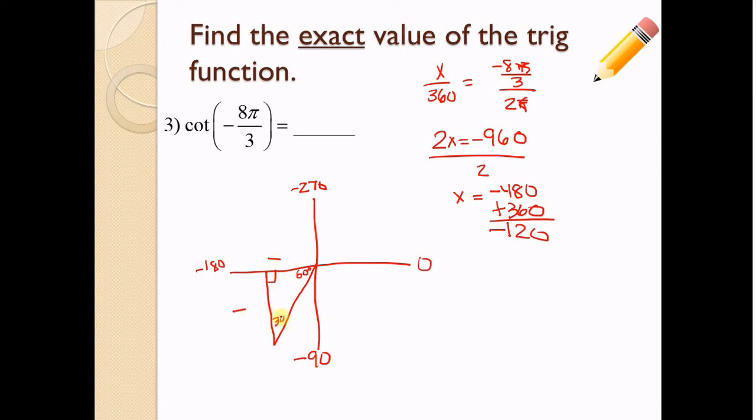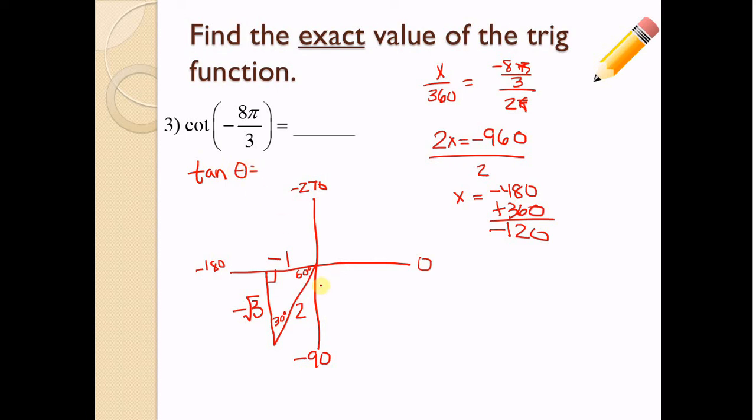So I know these both are going to be negative values. This is 30 degrees right here. So across the way is going to be a 1, because that's my short leg, remember? And then my long leg was the short leg times square root of 3. So that's going to be negative square root of 3. And then a 2 for my hypotenuse. Okay? So the cotangent, let's just do tangent first.